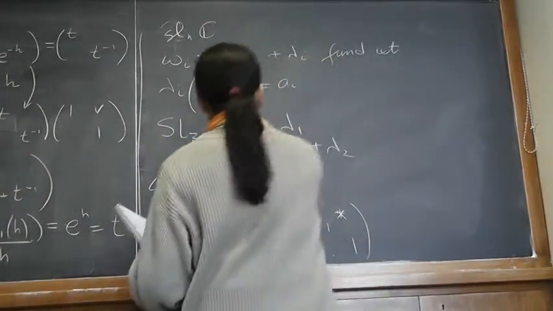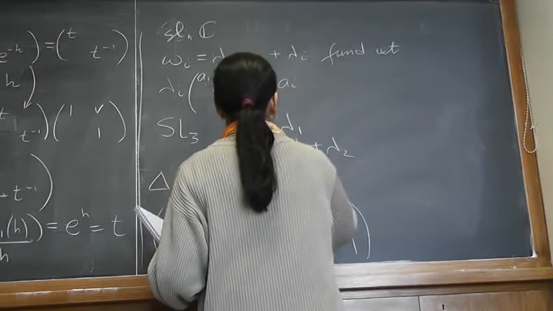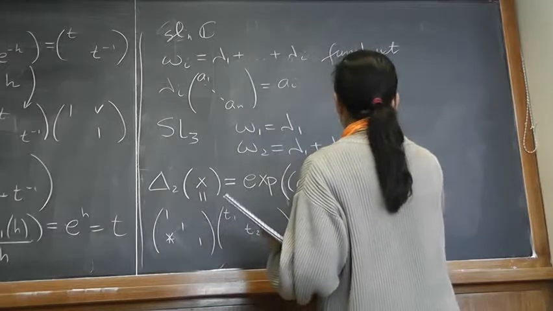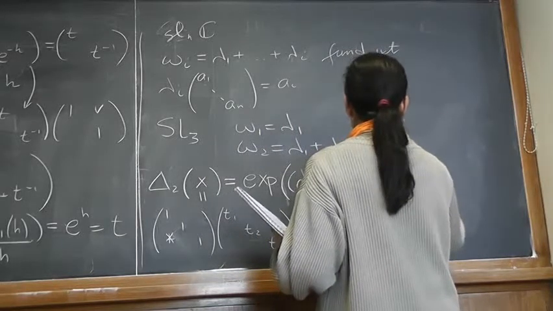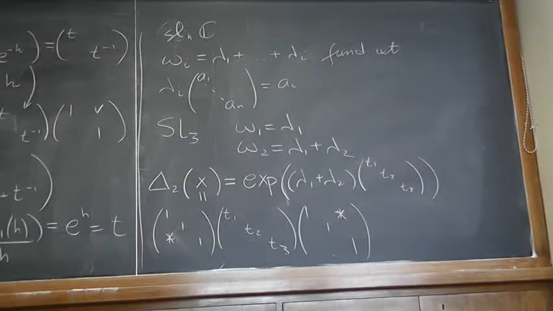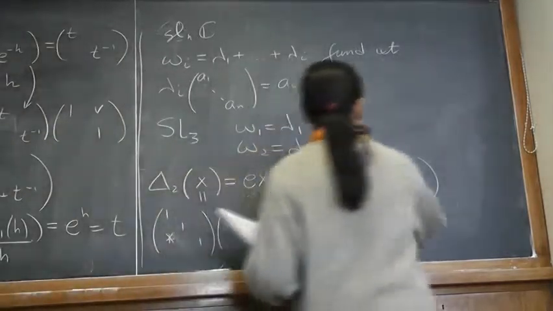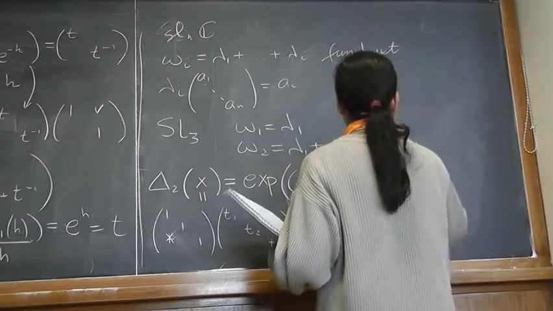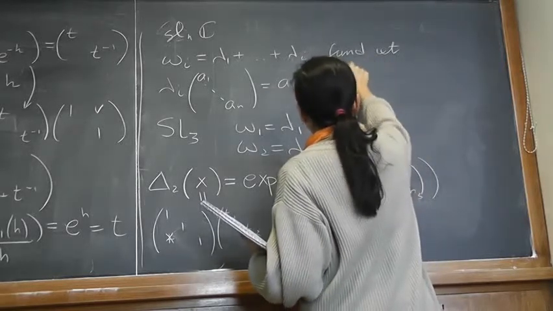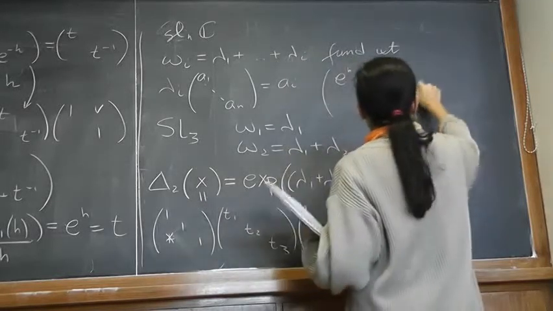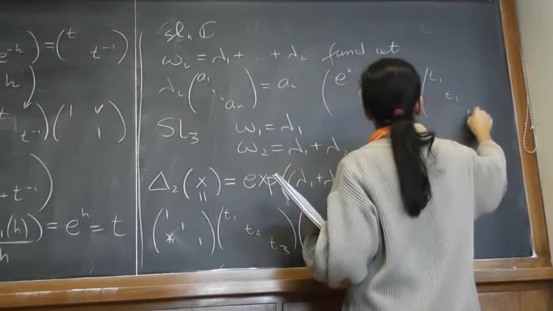So this will be the exponential of lambda 1 plus lambda 2 applied to H1, H2, H3, where e to the H1, e to the H2, e to the H3 is equal to T1, T2, T3.